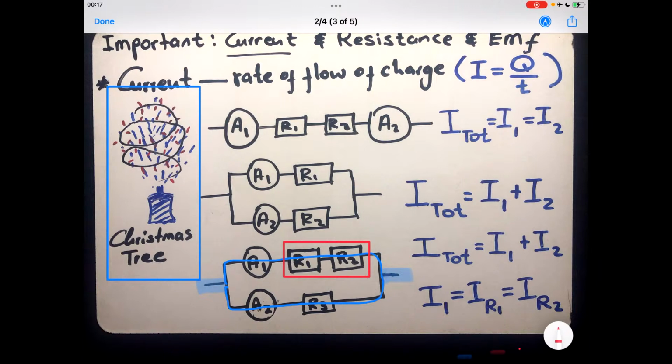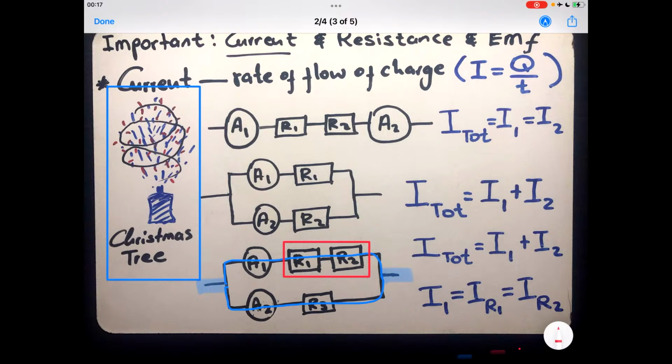So it's like 2 in 1, if you can think of it that way. Two types of connections within one. This is a parallel connection, and within that parallel connection you still have a series connection.